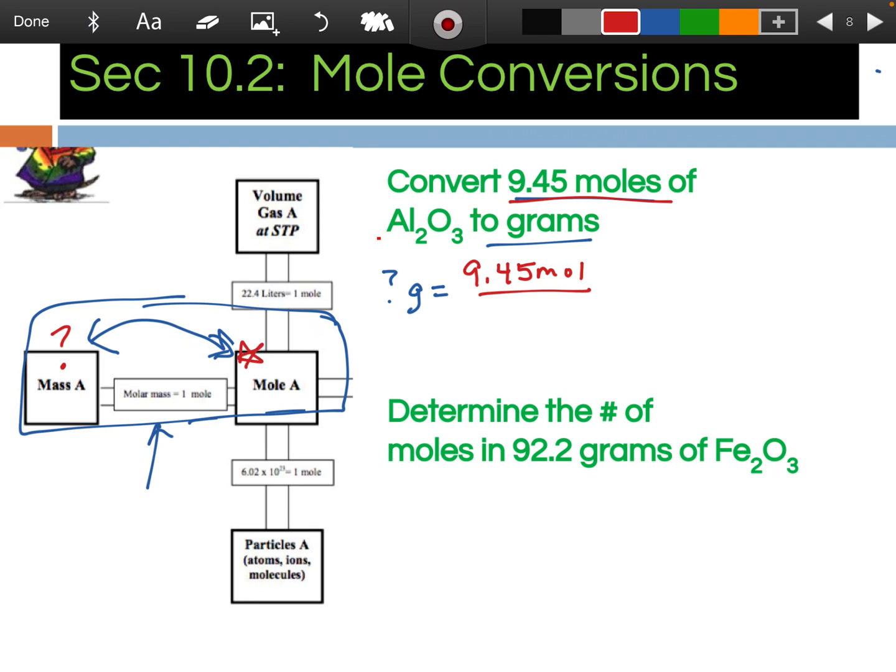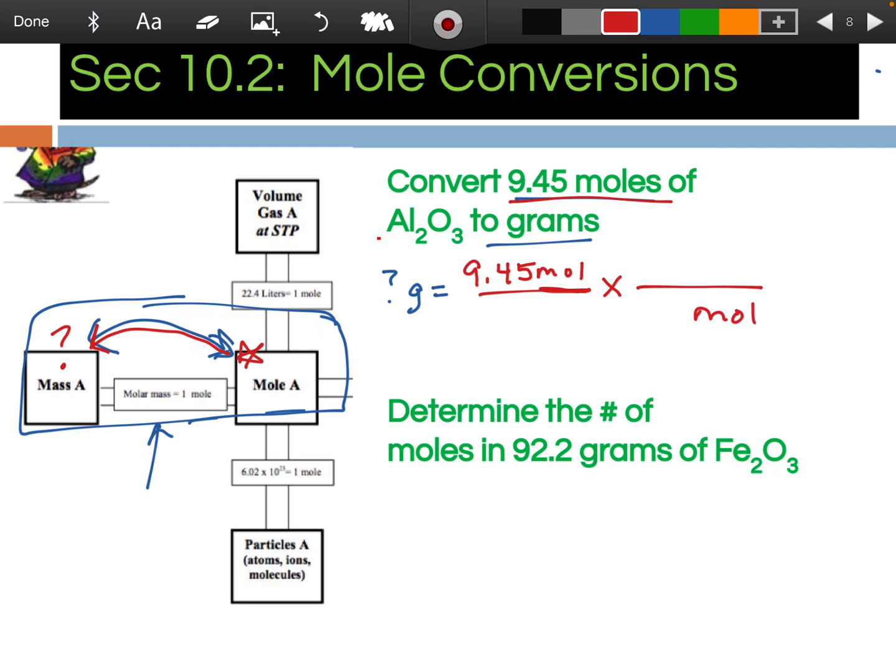So if I find my starting point and my ending point, then I'm going to use this to figure out what the conversion factor is to get from one to the other. So once you have your initial value, I'm going to set up my chart. Whatever unit you start with from the problem gets transferred to the bottom of the second step because we need that unit to cancel out.